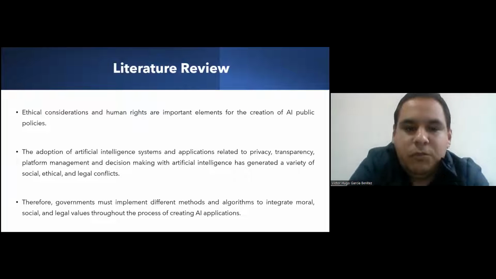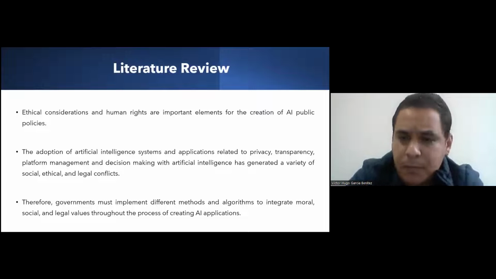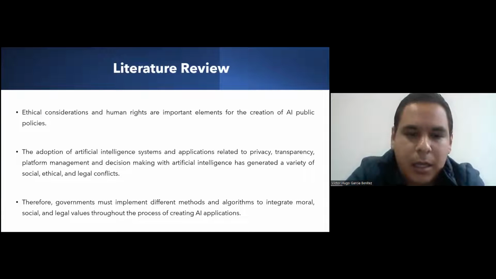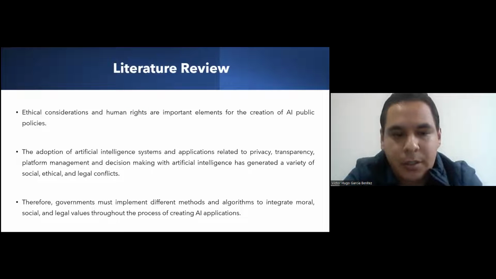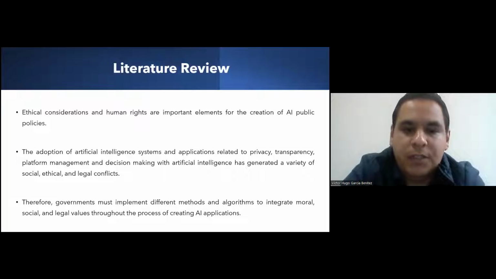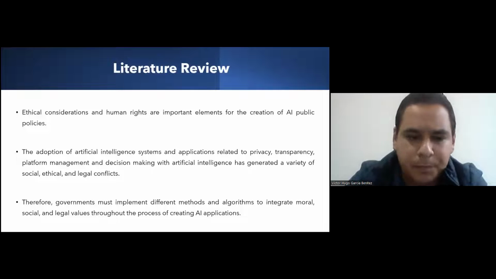The countries focus mainly on research and development, the creation of regulatory frameworks, and investments in tools with artificial intelligence. In the literature, we find that ethical considerations and human rights are important elements in the creation of artificial intelligence public policies, because the implementation of this technological development, in spite of its autonomy and learning capacity, is built by people following instructions.